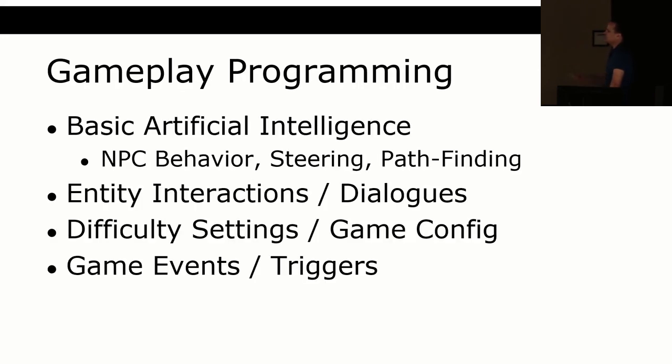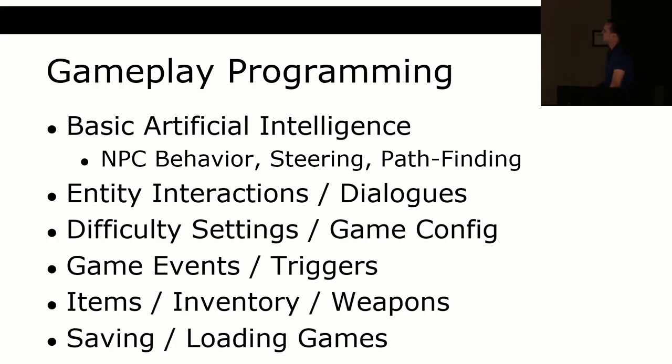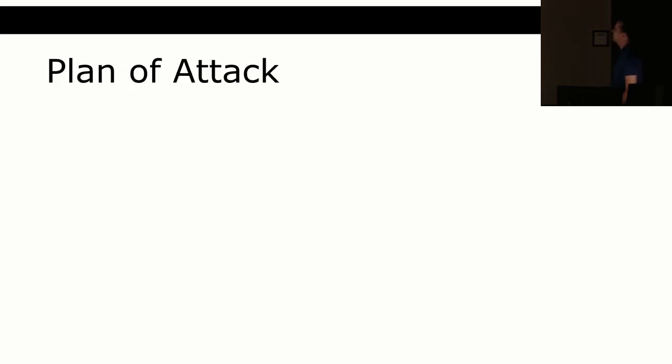Gameplay programming, very basic AI, like patrol behaviors, follow behaviors, stuff like that. Entity interactions, dialogues if we have time. I want those in the project if there's time for that. Things like difficulty settings, game configuration files, game events and triggers, inventory, weapons, saving and loading games. We'll get into all of this as we go along.